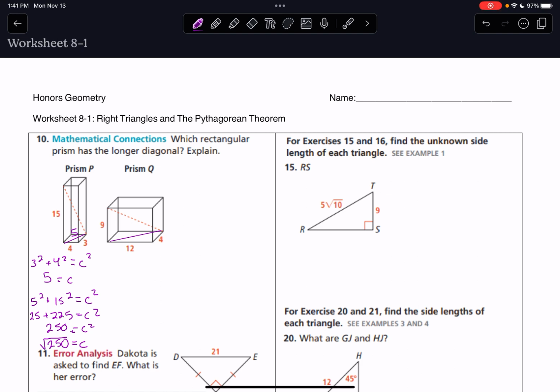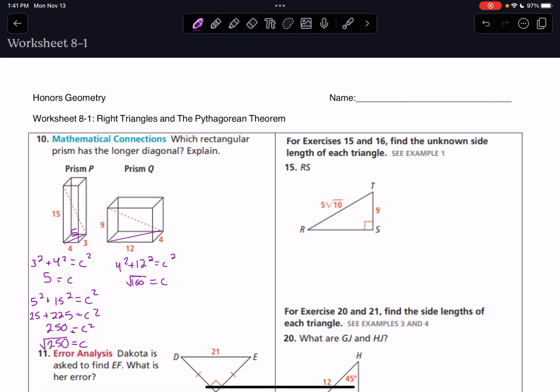Then we'll take a look at prism Q. Prism Q has a diagonal in the base that we can find using 4 squared plus 12 squared equals c squared. So that's going to end up as the square root of 160 equals c when we solve with the Pythagorean theorem.